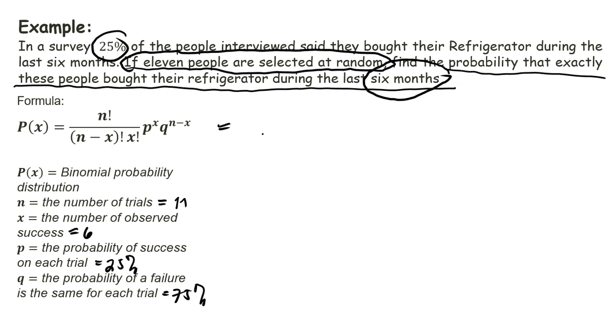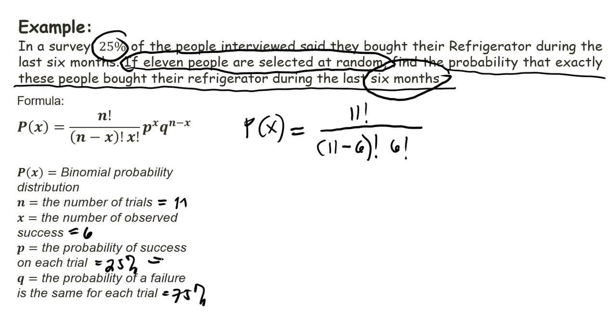Now, let's substitute. Okay. So, let's have the P of X is equal to yung N natin, 11 factorial over N ulit, which is 11 minus yung X natin na 6 factorial, X natin ulit na 6 factorial, multiplied po sa P. 25% po, pag nilagay po natin siya sa formula, dapat po naka-decimal point.